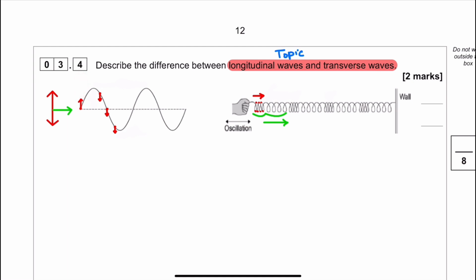So the oscillation of the particles is perpendicular to the direction of the wave. The wave pattern is going in the right direction, whereas the movement of the particle is upward and downward. Therefore, the particle movement is perpendicular to the direction of the wave.